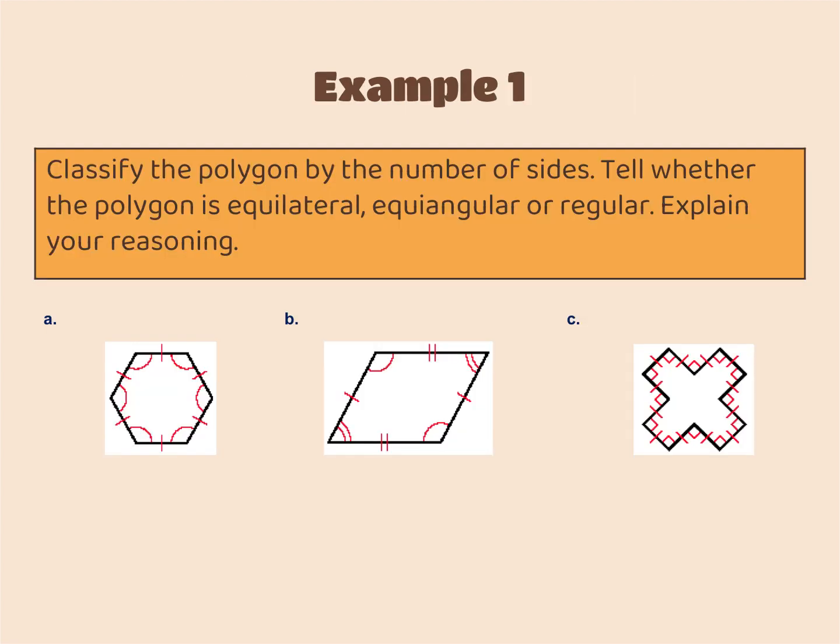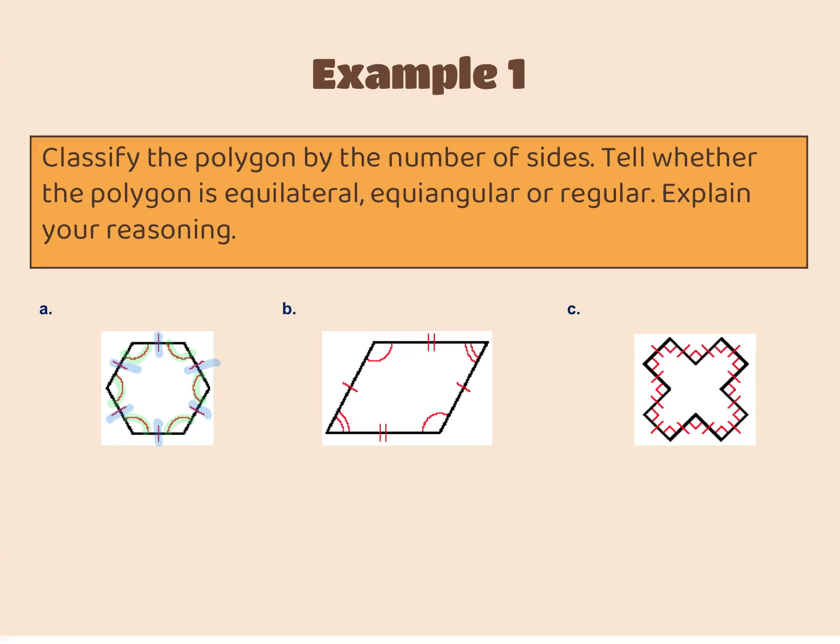Alright, so looking at this example, classify the polygon by the number of sides. Tell whether the polygon is equilateral, equiangular, or regular. Explain your reasoning. So looking at A, are all my angles the same? Yes, they all have one congruent mark. And are all my sides the same? Yes, because they're all represented with one congruency mark.